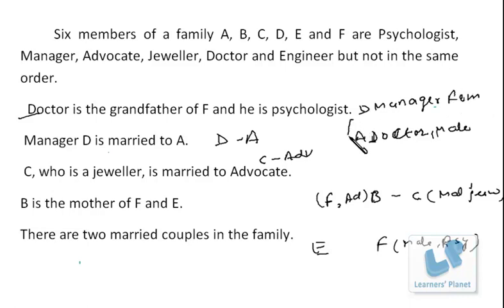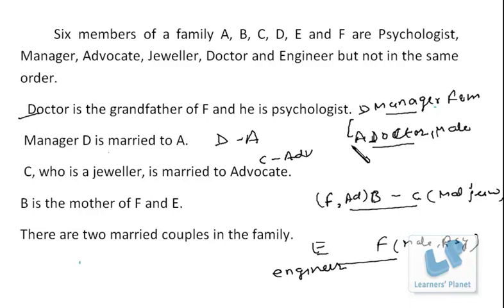So this is the 1st generation, this is the 2nd generation, and this is the 3rd generation. Now it is manager, doctor, advocate, jeweler, psychologist. So the remaining profession is engineer, that is E, right?